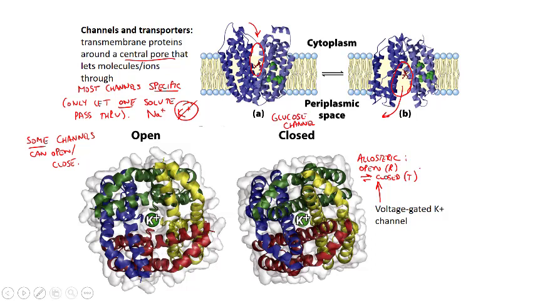And you can see by looking at this channel, so this is supposed to be a top view of the channel, the difference between the open and closed conformations isn't that much. We just have all of these transmembrane alpha helices, and when you get the conformational change, they sort of slide together sort of like a camera shutter, so that in the closed state, this pore through the center is just small enough that the potassium can't pass through. In the open state, the potassium can pass through, but it's a very, very tight fit. So channels are not like an open hole in your membrane where you can just drop the solute right through. It's always a very, very tight fit, and that's important for reasons we're going to talk about in a second.